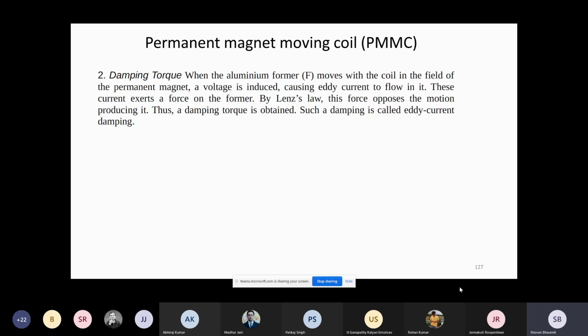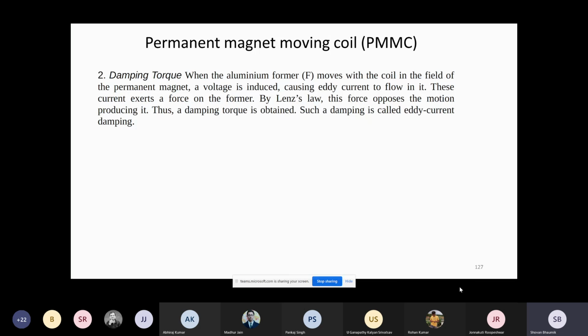So when the aluminum former moves with the coil in the field of the permanent magnet, there may be some effect which will try to oppose the movement, and that opposing force is proportional to the velocity. It is called the damping force.